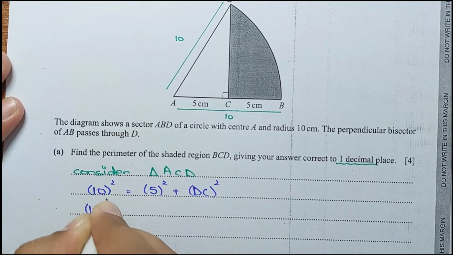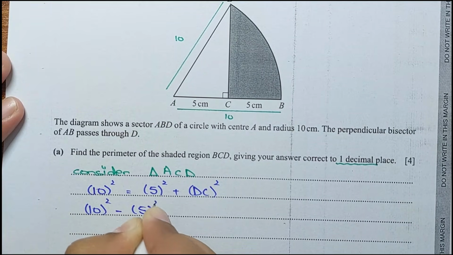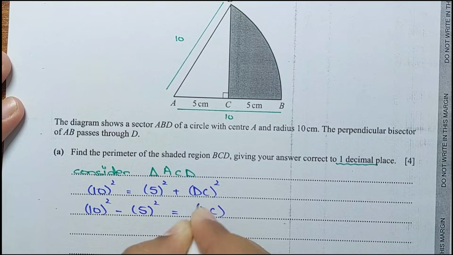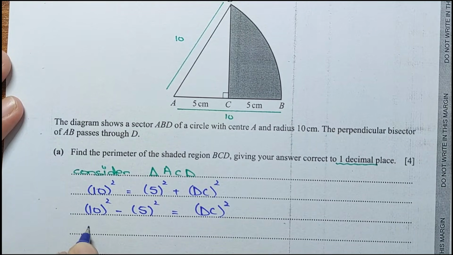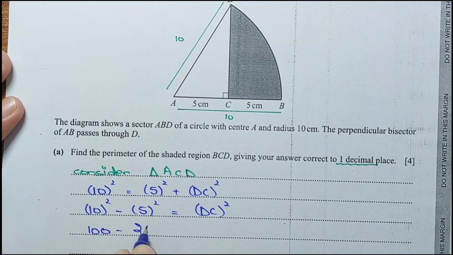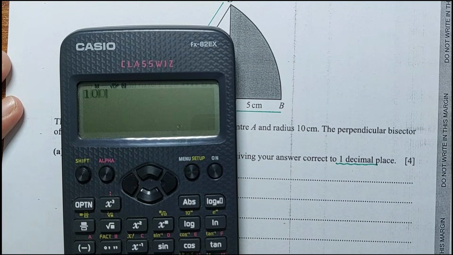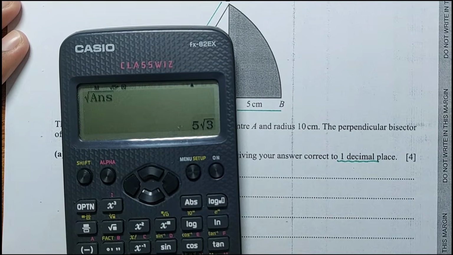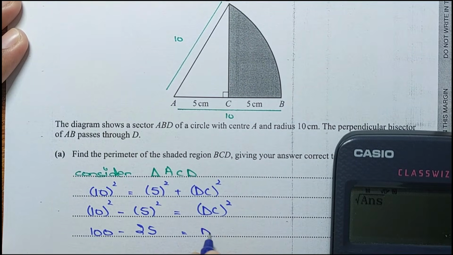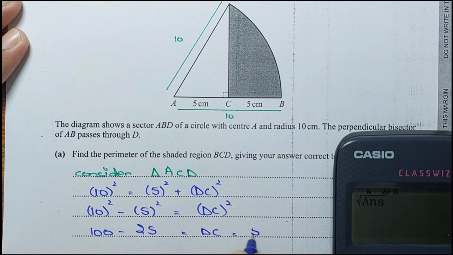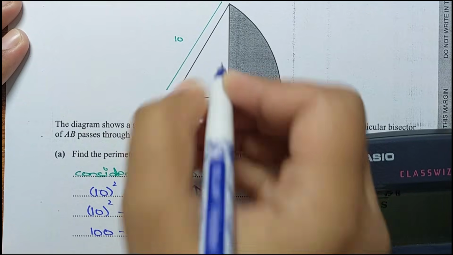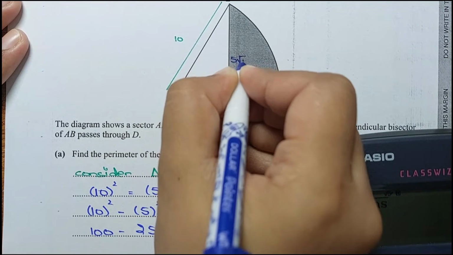So 10 square minus 5 square gives the perpendicular square. 10 square is 100, 5 square is 25. From 100 take away 25 is 75. And root of 75, so DC is 5 root 3. This length is 5 root 3.